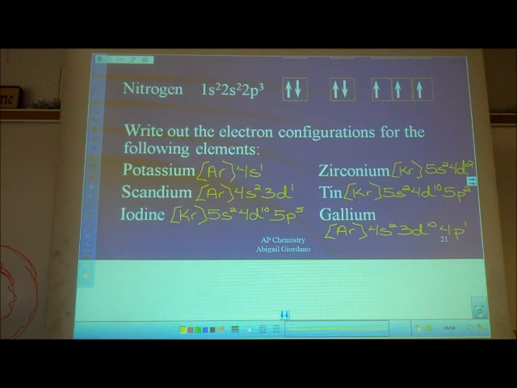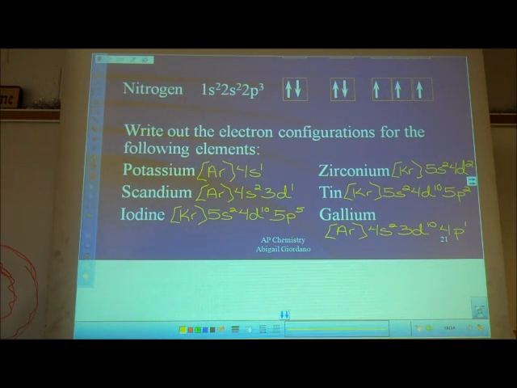I will tell you that, because I heard a couple of people saying, what do you do if you have to go through the F sublevel? No longer on the AP exam. Because, and this one I truly do agree with, when you take things through the F sublevel, or you're trying to do an element that is in the F sublevel, the configurations are so unpredictable, with so many exceptions to the rules, that they just said nobody should have to memorize that.